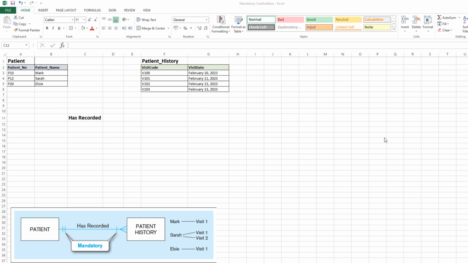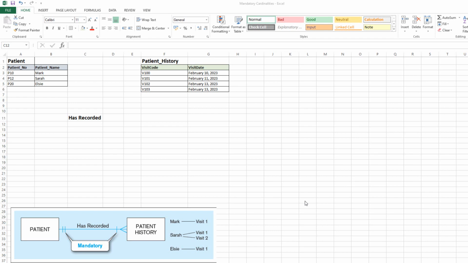If you look at the diagram, Mark made one visit, and then Sarah made two visits to the hospital. Remember, we are representing a hospital database here, the simplest form of a hospital database. Aunt Elsie made one visit to the hospital. I have already created a tabular representation of this diagram.